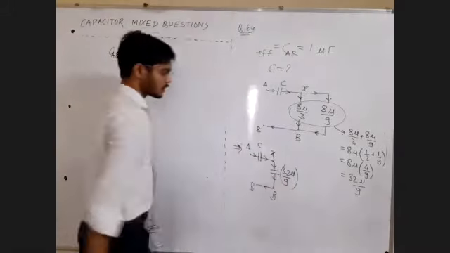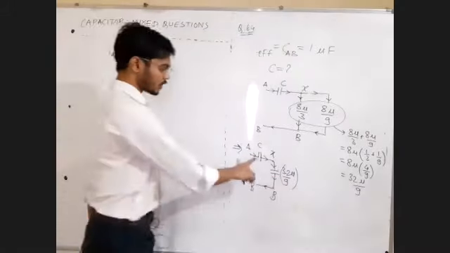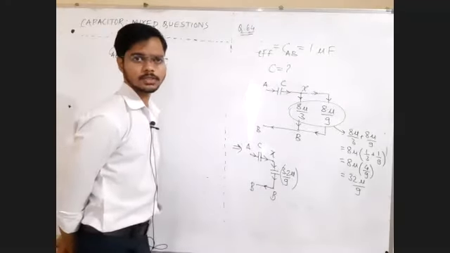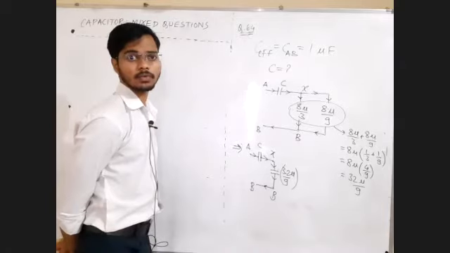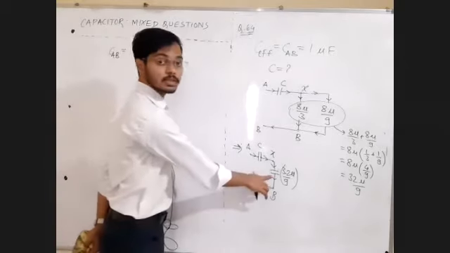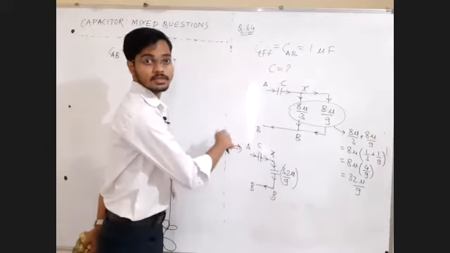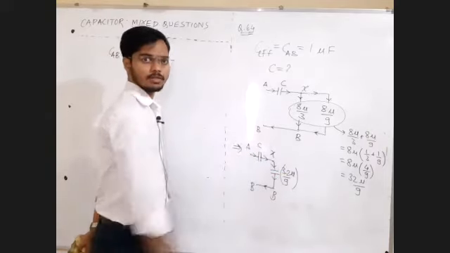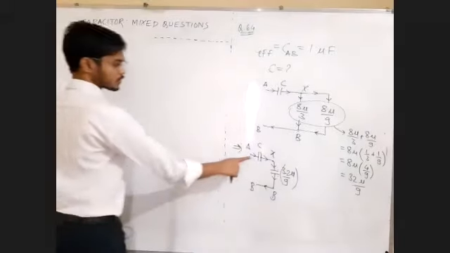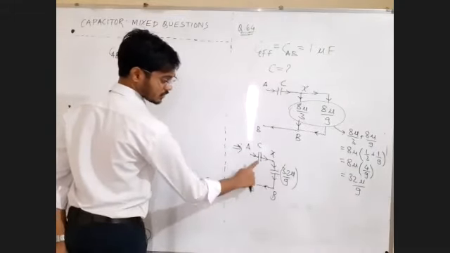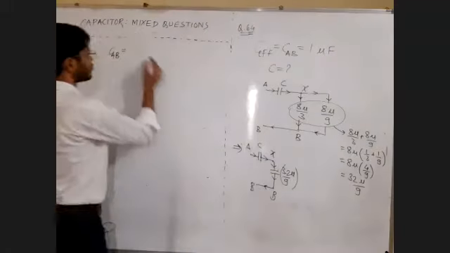Capacitors in series means resistors in parallel. For two resistors in parallel, the formula is R1 R2 upon R1 plus R2. For two capacitors in series, C1 C2 upon C1 plus C2. The formula remains the same.